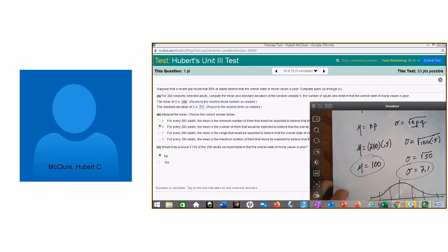And 86 minus 7 is 79. All right, plot the point. What do they want? 102. Where is 102? Is that normal? Well, is it within 2 standard deviations? Yes. So 102 is normal. Would it be unusual? No, because normal means not unusual. Okay?